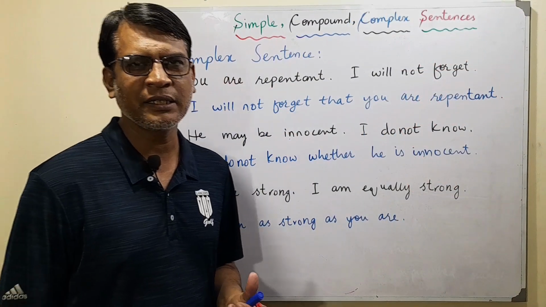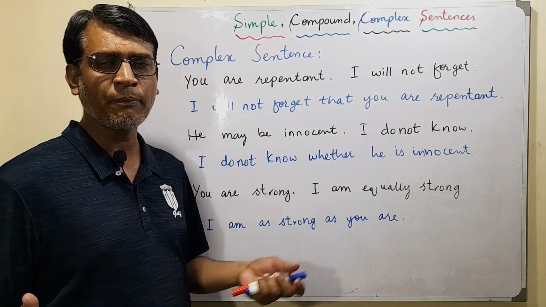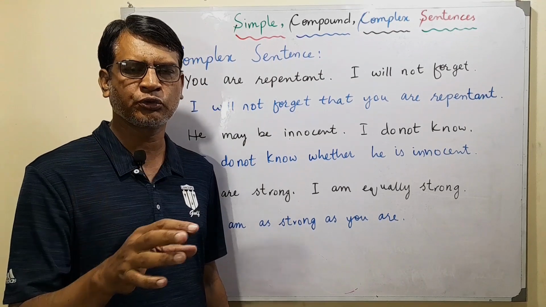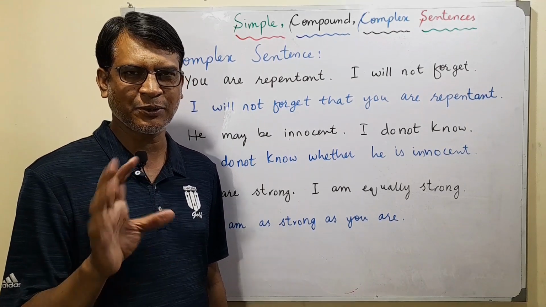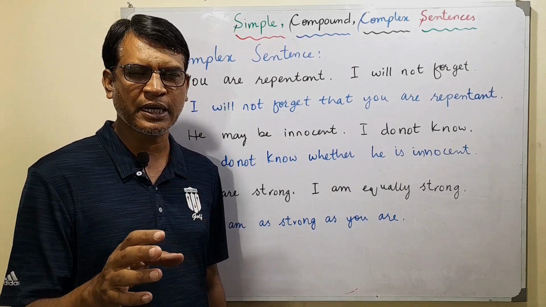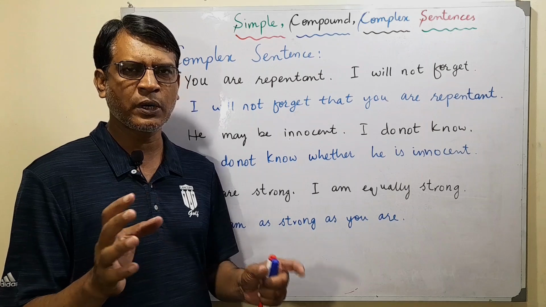Okay, let's see now the complex sentence. A complex sentence is also a combination of two or three simple sentences. Remember that compound sentences are made with simple sentences, and complex sentences are also made with simple sentences. What's the difference?